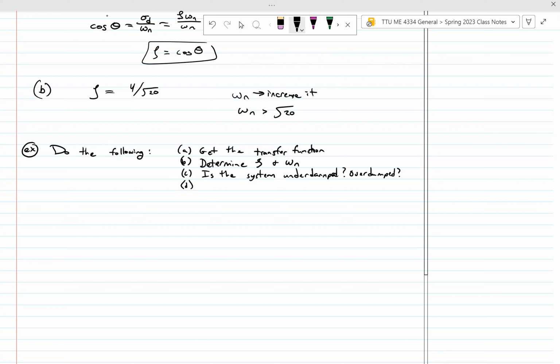And then I want you to change one of the original parameters to get an underdamped response for a step input with 10% max overshoot.